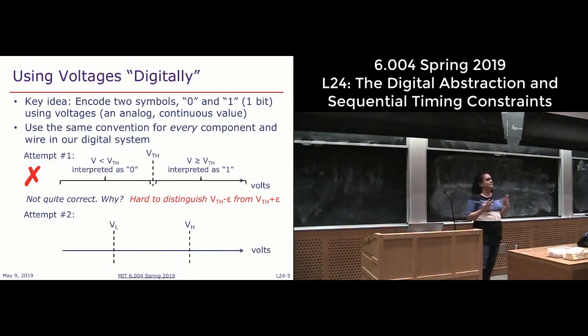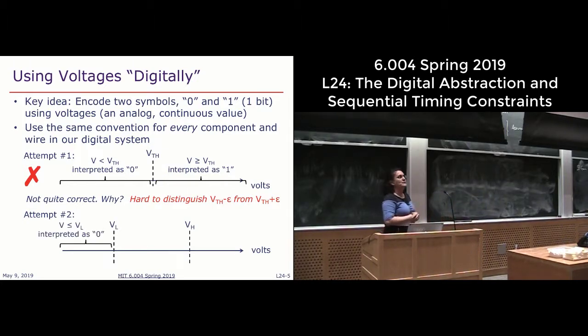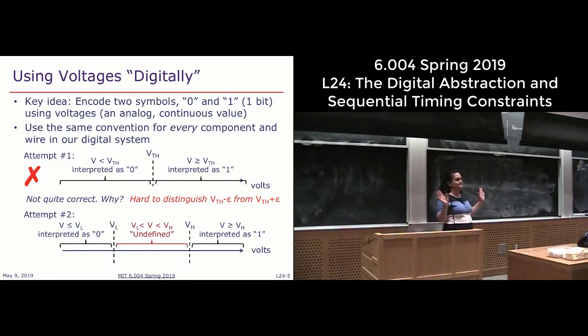I have a VL, which stands for my low threshold, and a VH, which stands for my high threshold. Now every single value that's less than VL, I'm going to consider to be a valid 0. Everything that's higher than VH is going to be a valid 1. And everything in between, I'm just going to say is undefined.